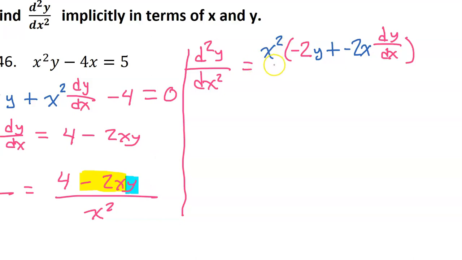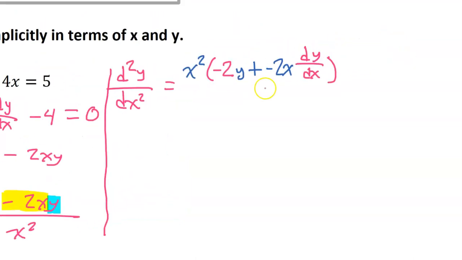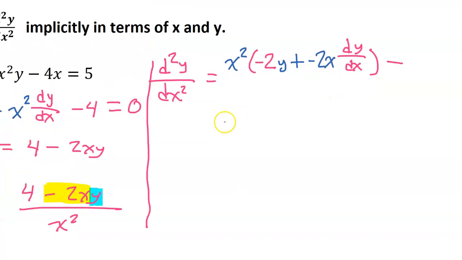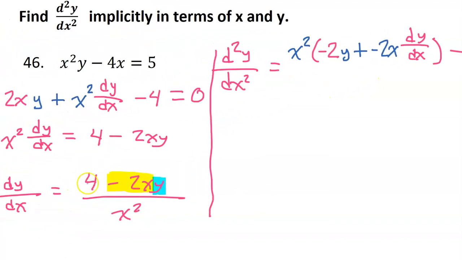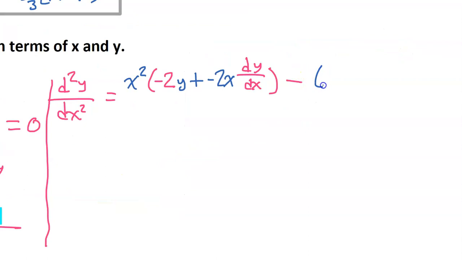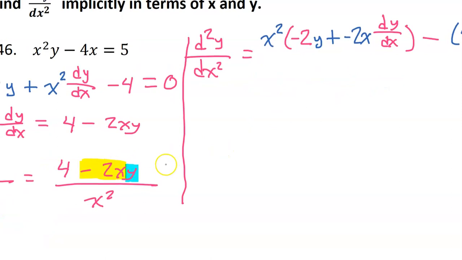Okay, so I've done the product rule. So far I've done low d high. Now I need to go less high d low. High means write down the numerator the way it is. So I'm just going to write 4 minus 2xy. That's high.